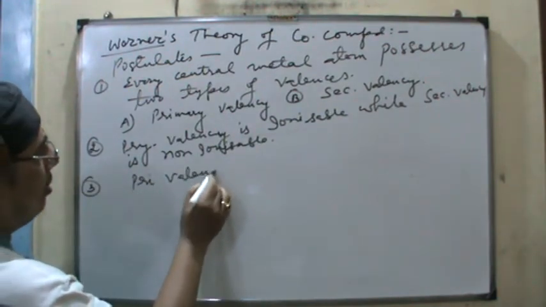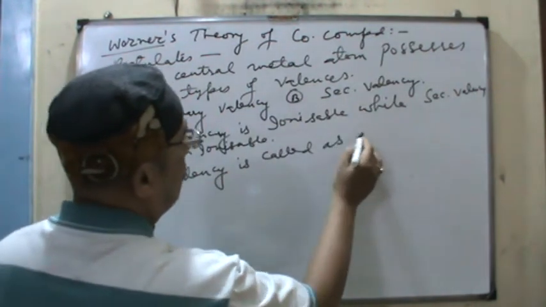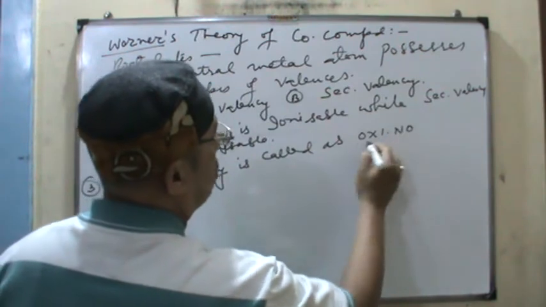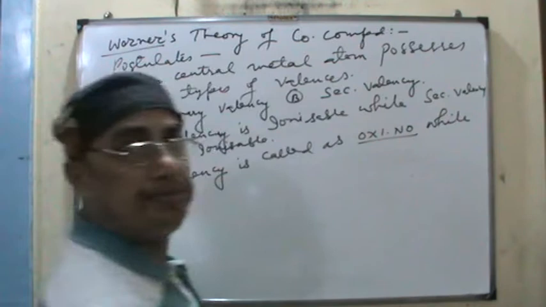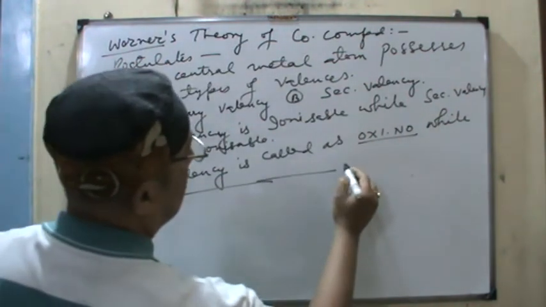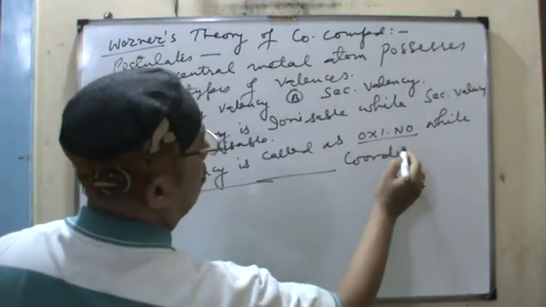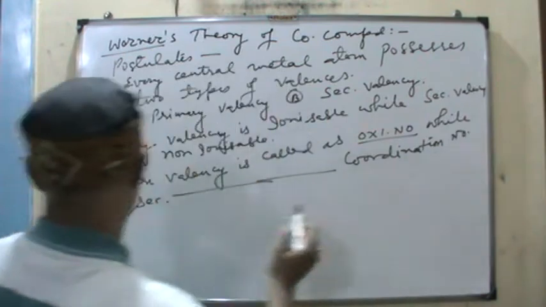Third, primary valency is called the oxidation number, while secondary valency is called the coordination number.